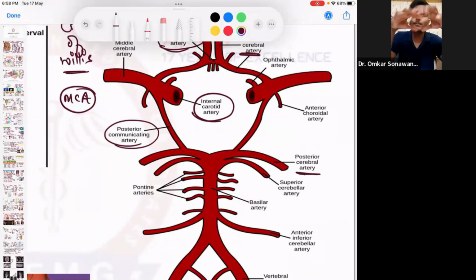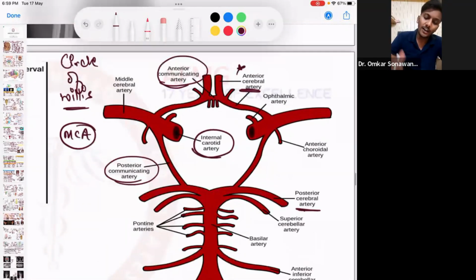The major contribution is from the internal carotid artery. The first branch of the internal carotid artery is the ophthalmic artery. If the ophthalmic artery is occluded, there would be a sudden monocular vision loss in the patient.